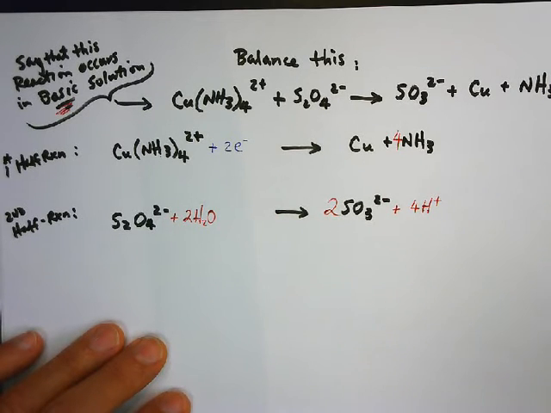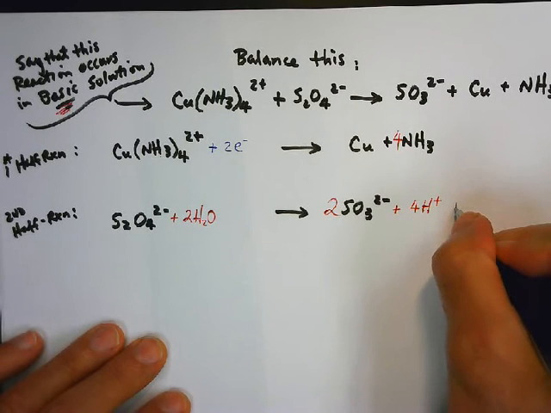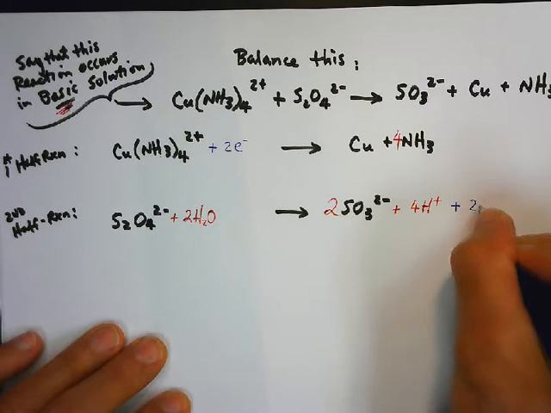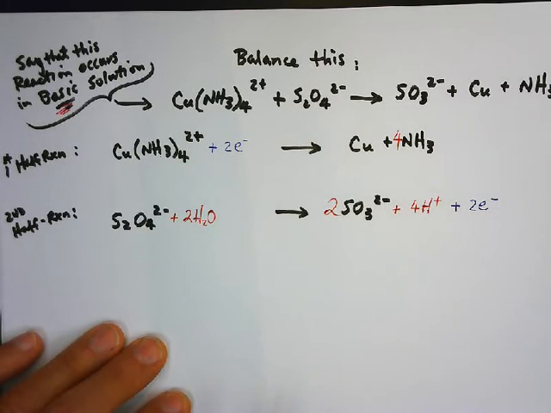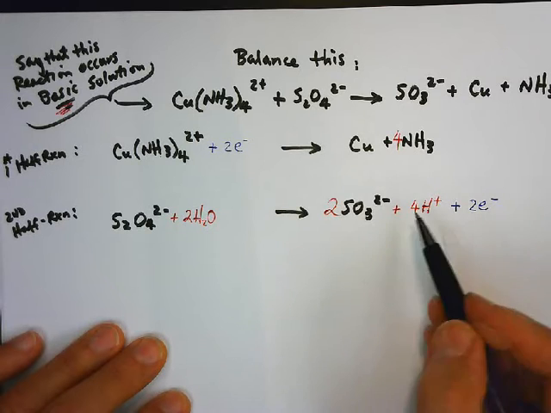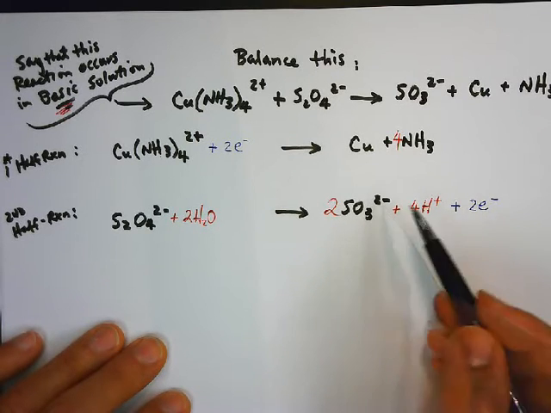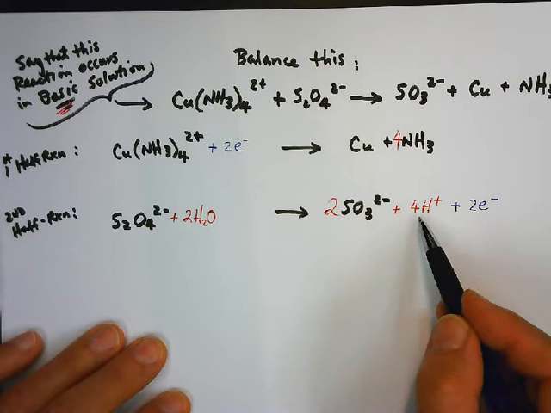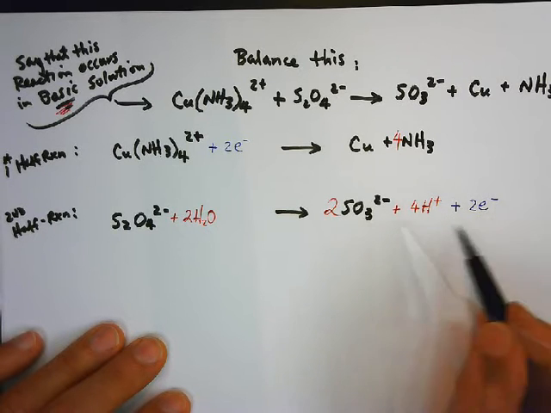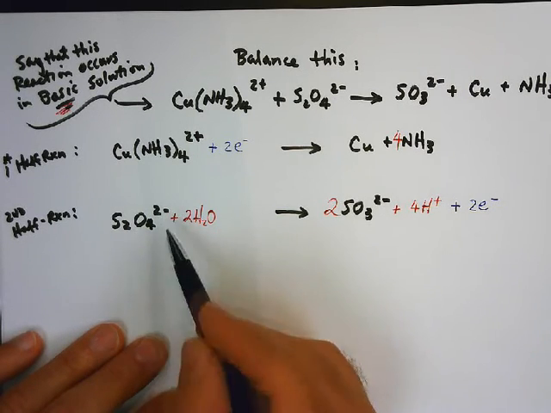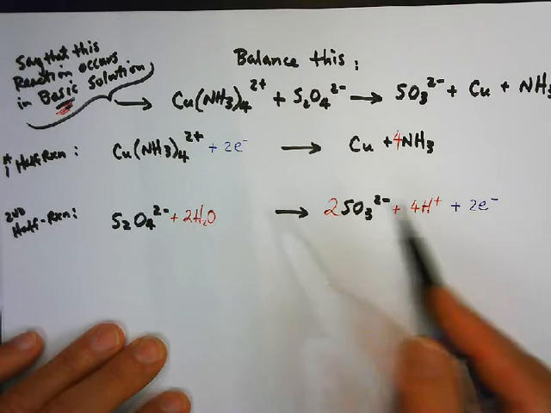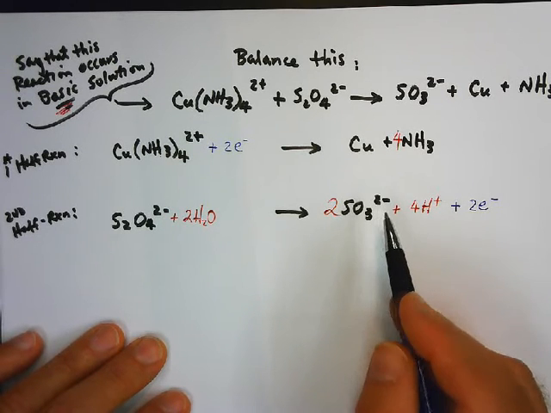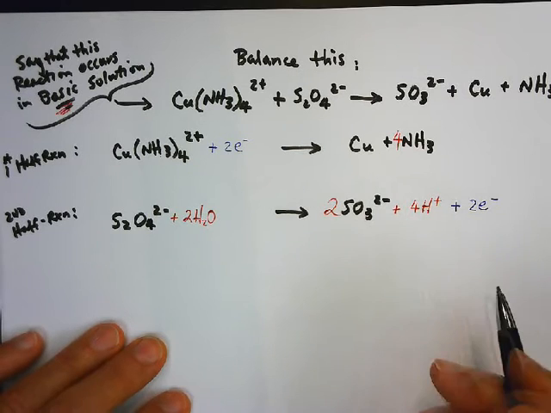So what we're going to have to do is add 2 electrons to the right-hand side. So that's now 2 times a -2 is -4, and a +4 gives us 0, and a -2 gives us -2 total. Here's -2 on the left, so it's -2 on the left, -2 on the right total.